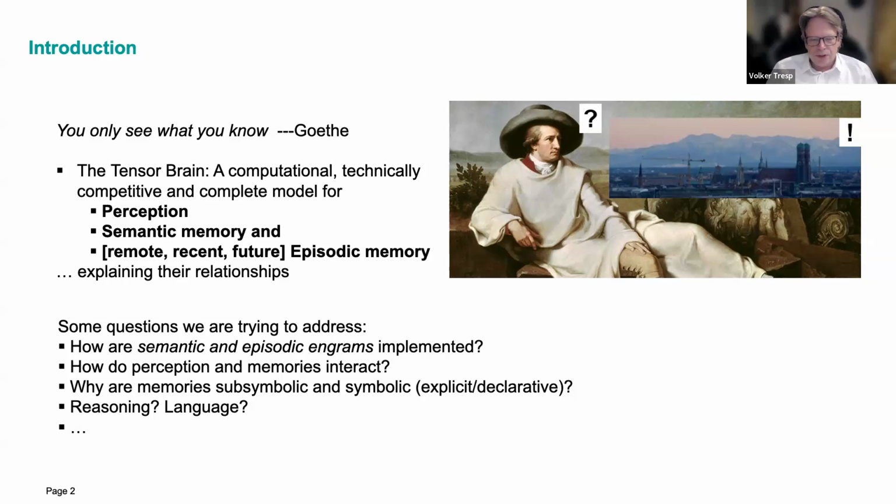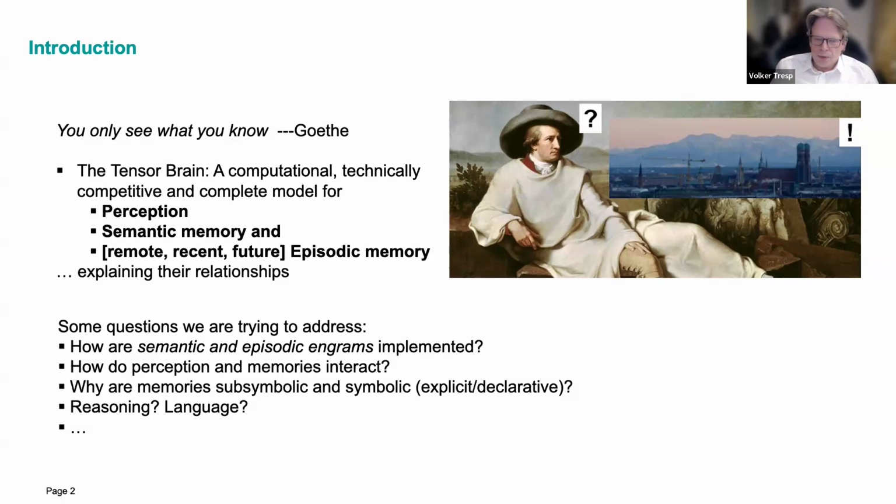So we wanted to look at the question also from a cognitive biological viewpoint. How are they connected? How do they interact? How are semantic and episodic engrams implemented? These are memory traces in the brain. How does perception and memory interact?